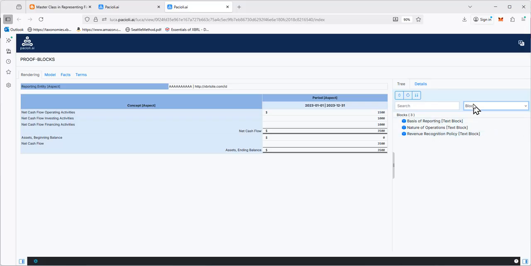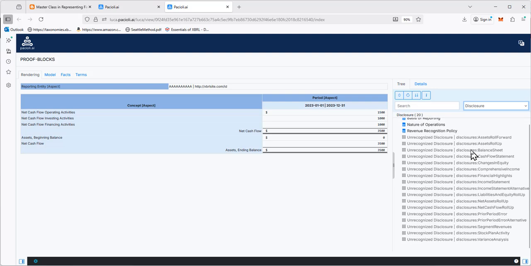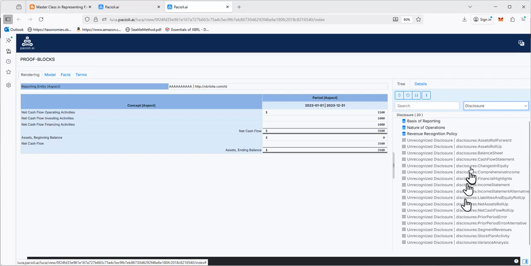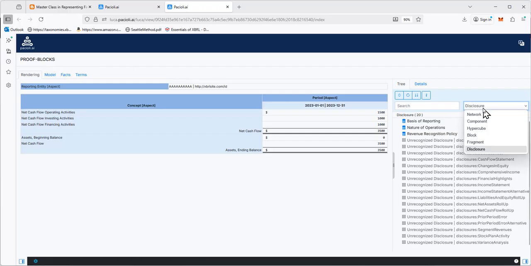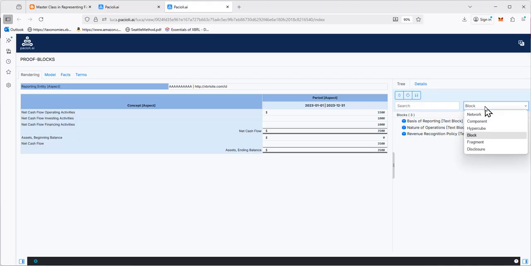Well, because the software developer creating this application, when they were trying to locate blocks, they were cheating, and they were using the abstract concepts to identify the blocks, and therefore they don't find the blocks, and therefore they also don't find the disclosures, although they do. Yeah, these are the disclosures that are defined in the disclosure mechanics rules. So this is really pretty wacky how this is not working correctly in this application. There should be 19 blocks.